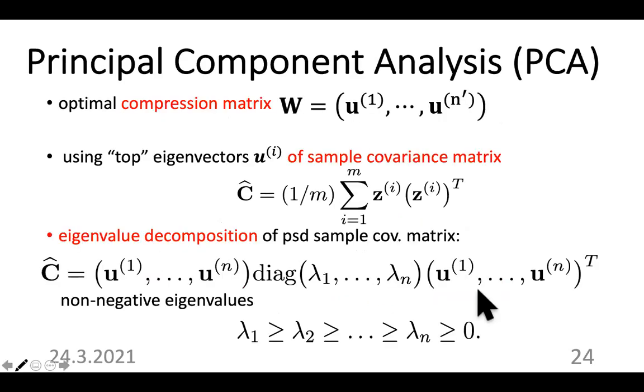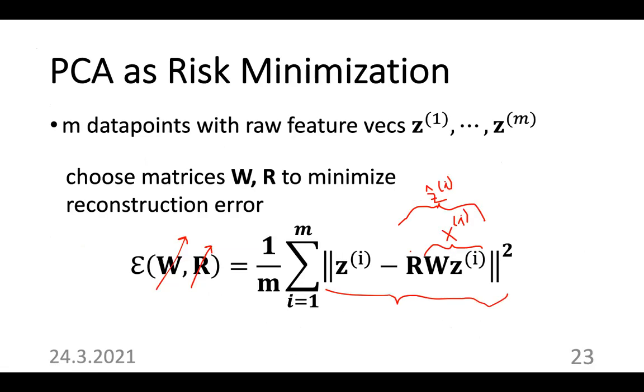What is nice about principal component analysis, or about this problem, is that it can be solved in closed form. So you can find out precisely what the optimal compression matrix W is. There is no approximation involved.